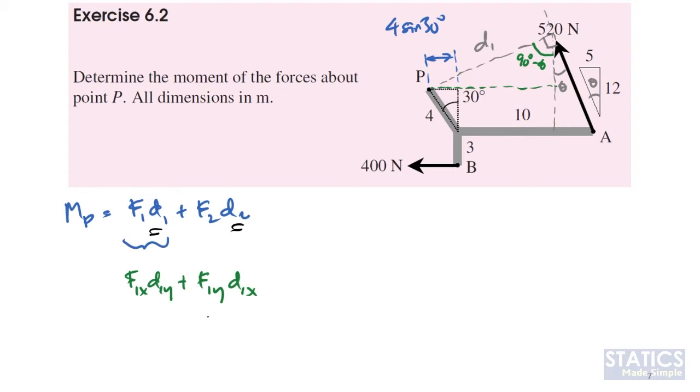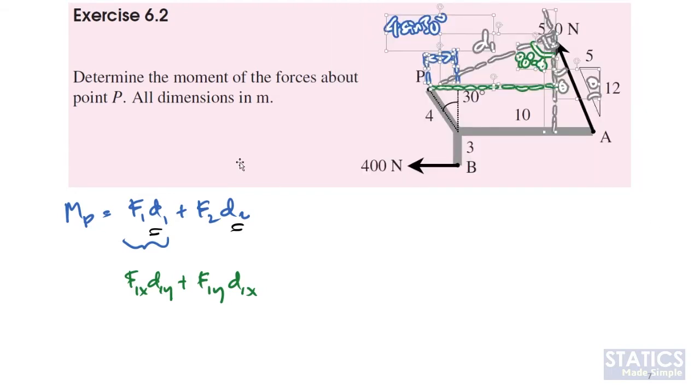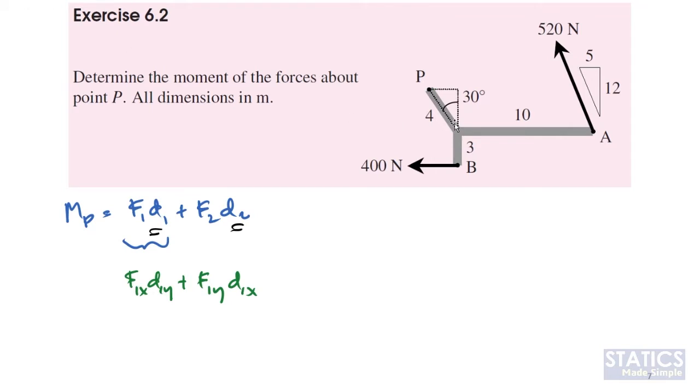All right, so what's happening here? Instead of having our F1 equal to 520 Newton, we'll look at the components of F1 along the X and Y axes. Along the Y axis, this will be F1Y. Along the X axis, this will be F1X, right?